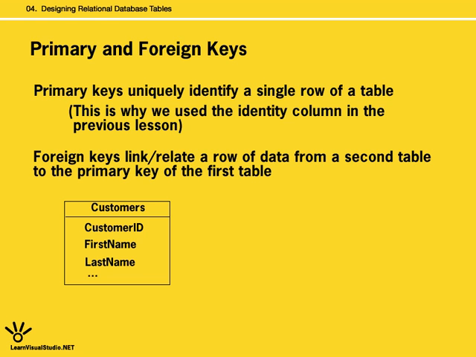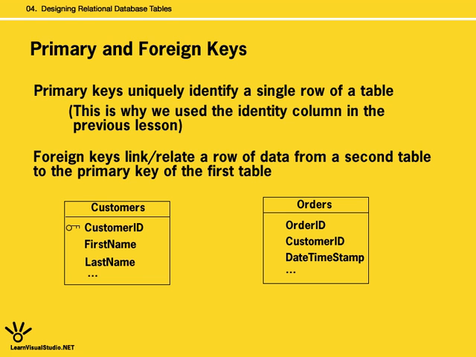Now the intent with this customer ID column is to use it as a primary key for our table. So I'm going to use the identity property on that given column. Additionally, I'm going to designate it as a primary key, and you can see I'll put a little key symbol next to the customer ID in the table.